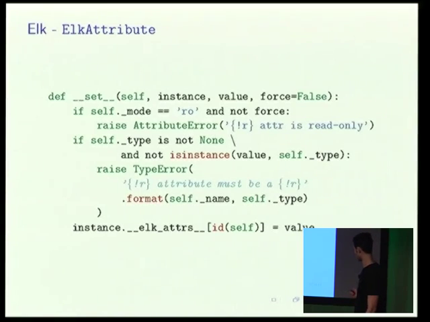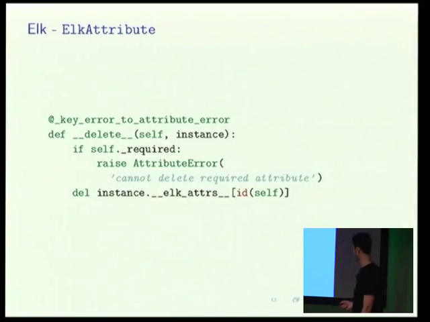So this is very similar to the type constraint descriptor's behaviour that we implemented earlier in the talk. So yes, indeed, type error. Sorry, the attribute must be whatever this type is. And then finally, if we make it to the end, then we're going to set that value in the ElkAttribute dictionary, keyed by the ID of the descriptor object.